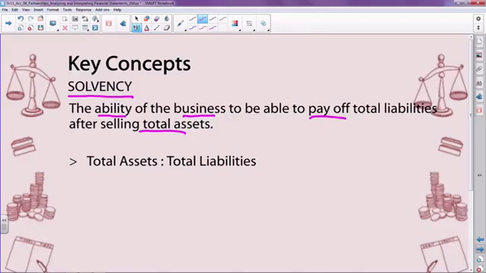What does this simply mean? If I take all my assets, when we talk total assets, we're talking about your non-current assets plus your current assets.